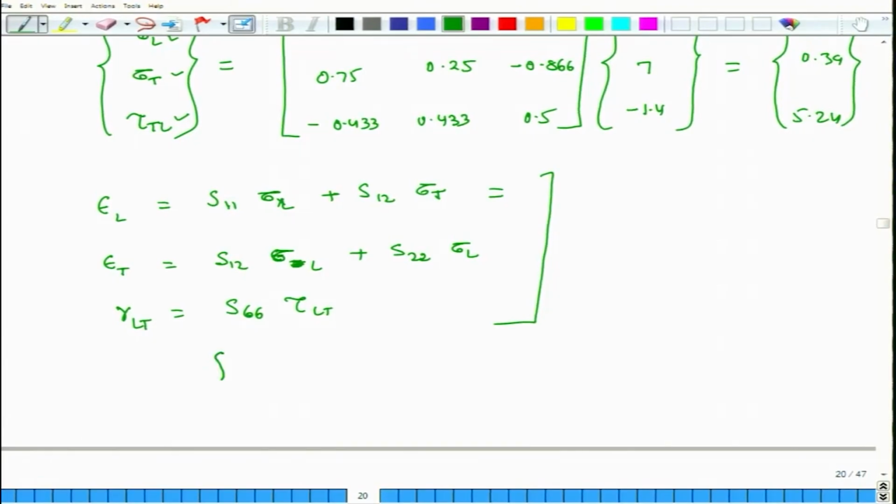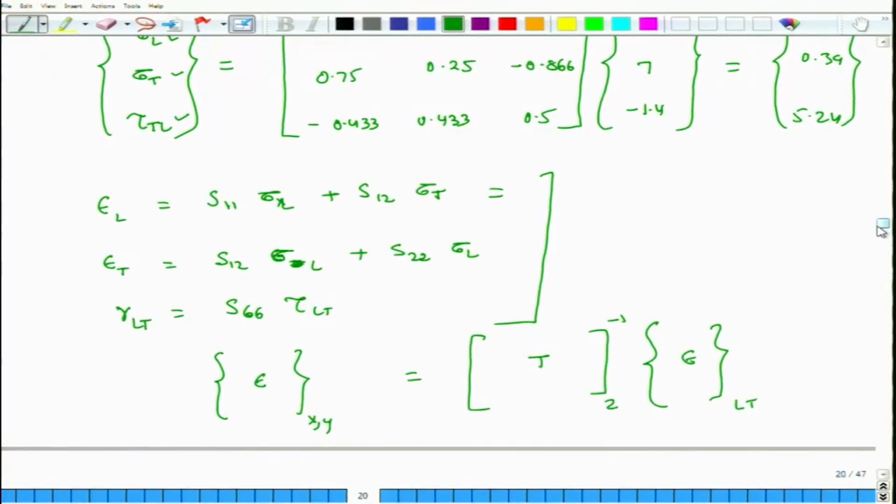and once we have computed epsilon L, epsilon T and gamma LT, then from these we calculate the strains in the xy coordinate system. What is that? It is the transformation matrix inverse times strains measured with respect to the LT coordinate system. Okay. Now, I will give you a trick to very quickly compute the inverse of these transformation matrices which are dependent on theta.